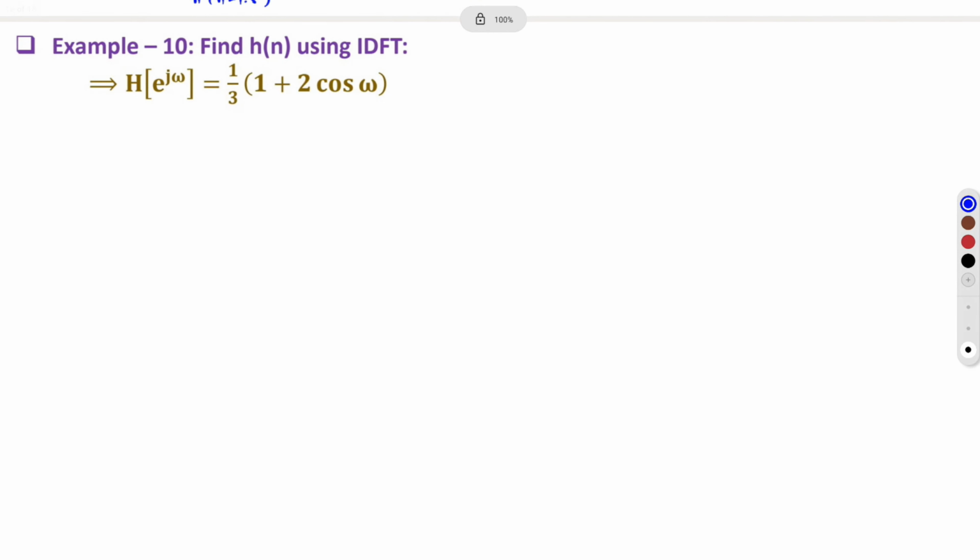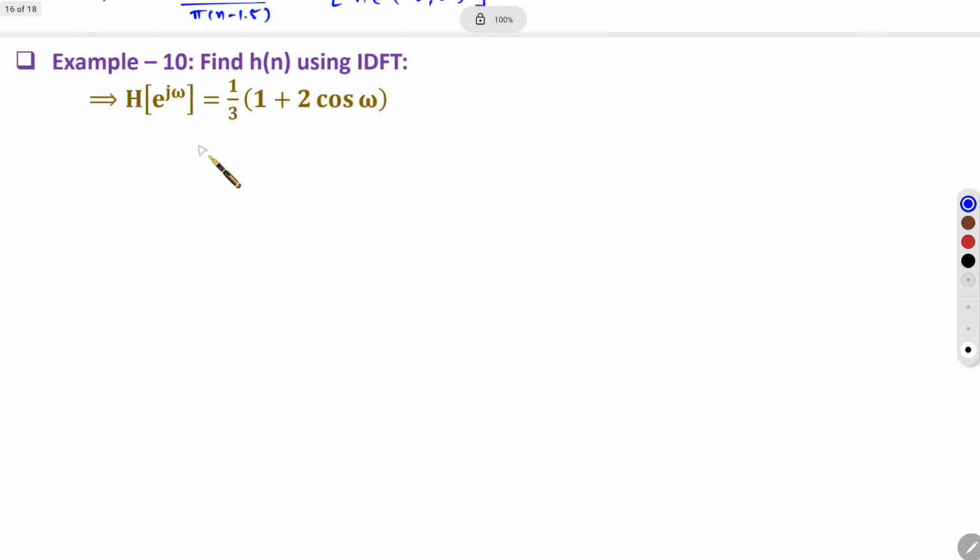Here, if you carefully observe, H of e to the power j omega is 1/3 of (1 plus 2 cos omega). First of all, we need to simplify this term. We have 1/3 of 1 plus 2 times cos omega.